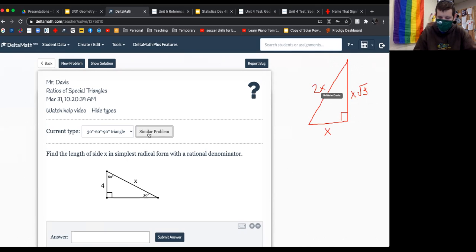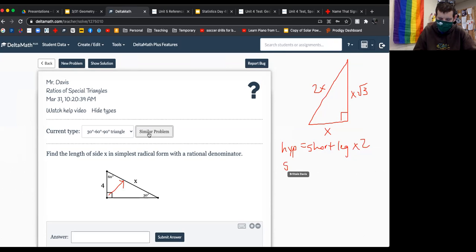Now, I wanted to create some formulas for us. Let's look at the relationship between the short leg and the hypotenuse. And you can see from this example, hopefully, that that's what we're looking at. We're looking at the hypotenuse. All right, so if we know the short leg, we can find the hypotenuse by multiplying the short leg times 2.